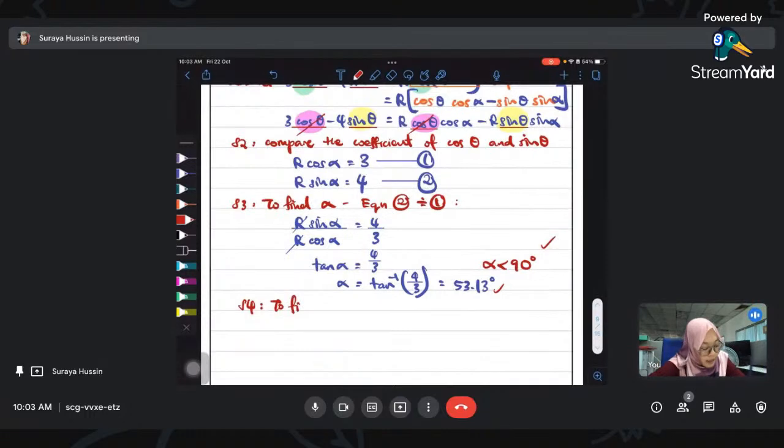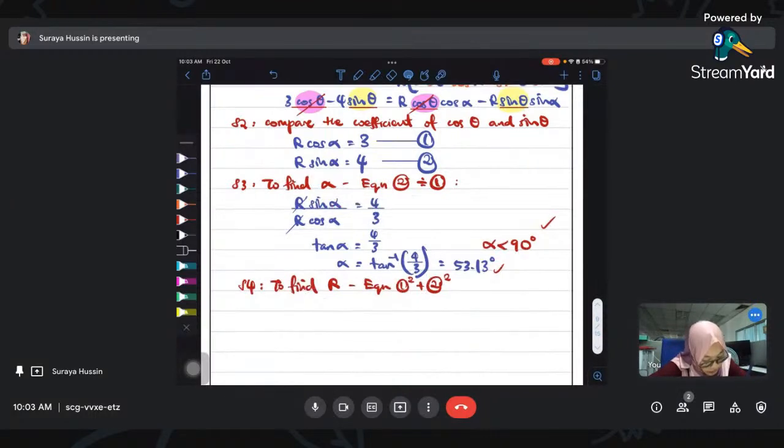And then, step number 4 is to find apa pula? Kita dah cari alpha, kita nak cari R pula. So, untuk cari R, very easy. Equation 1 squared plus equation 2 squared. We are going to add both equations, but we have to square it. Maksudnya macam ni. R squared cos squared alpha plus R squared sin squared alpha is equals to 3 squared plus 4 squared.